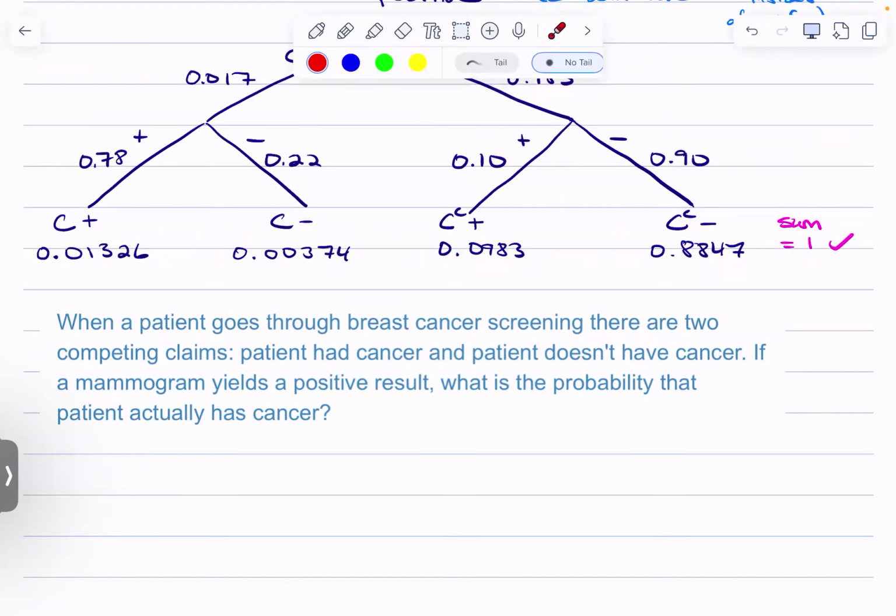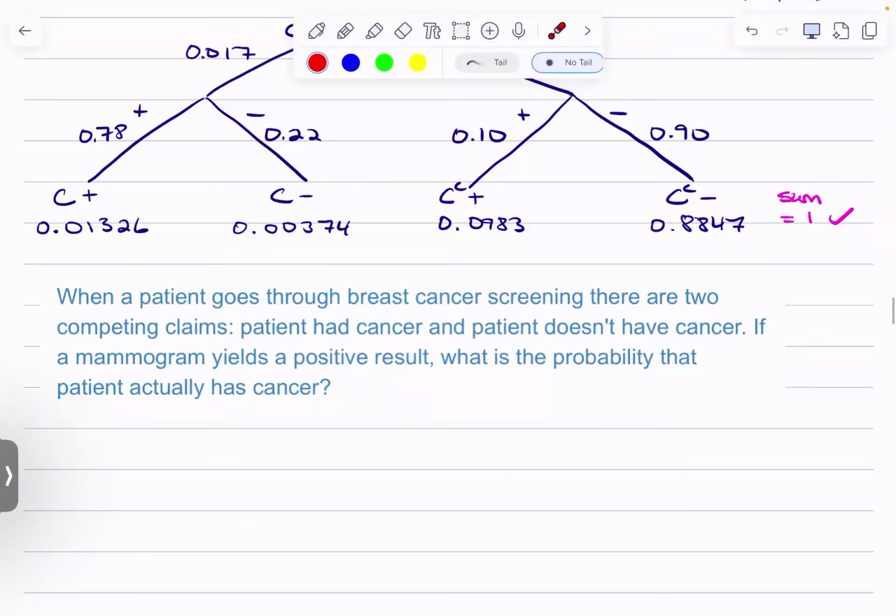When a patient goes through breast cancer screening, there are 2 competing claims: the patient has cancer and the patient doesn't have cancer. If a mammogram yields a positive result, what's the probability that the patient actually has cancer? It's good to know, especially if you're doing these tests.